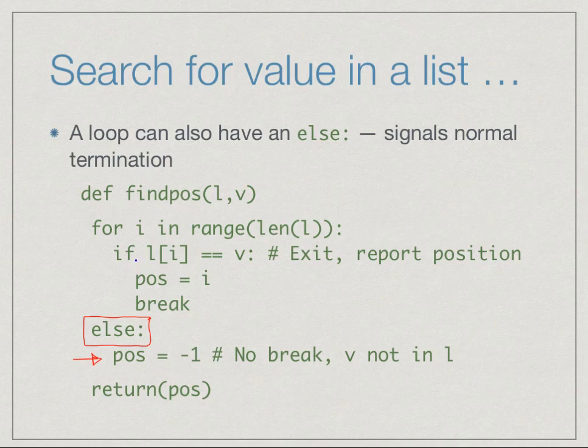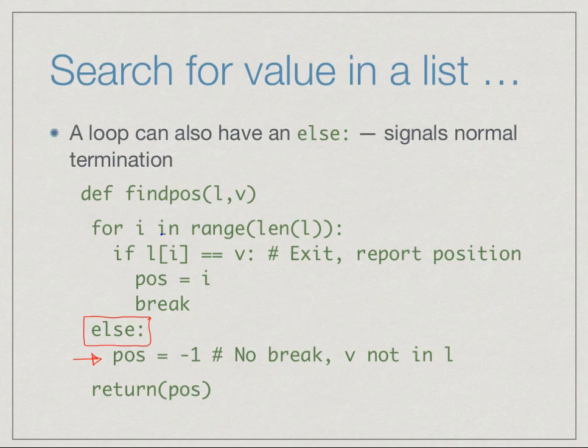It's just a way of economizing on the number of new words you need to use. If you see an else attached to a for, and it could also be attached to a while, it means that the while or the for terminated in the natural way. Either the for iterated through every value that it was supposed to iterate through, or the while condition became false. If it was, on the other hand, aborted by a break statement, then the else will not be executed.